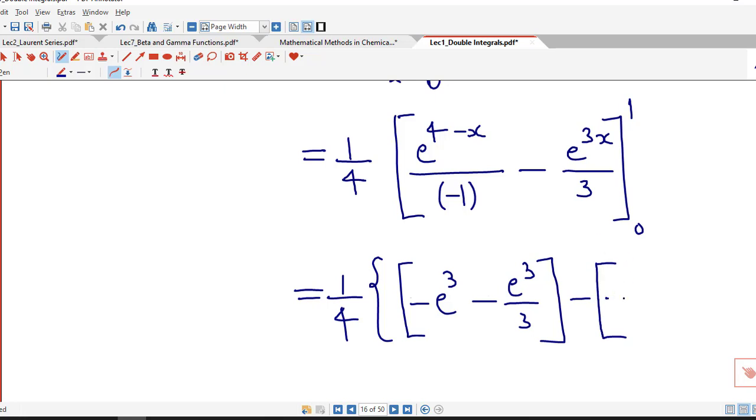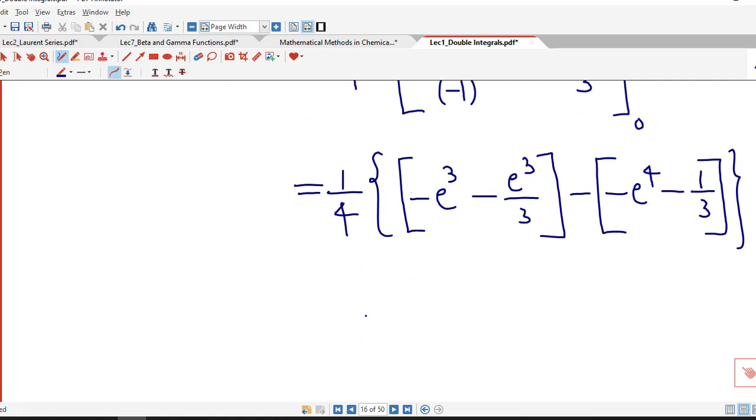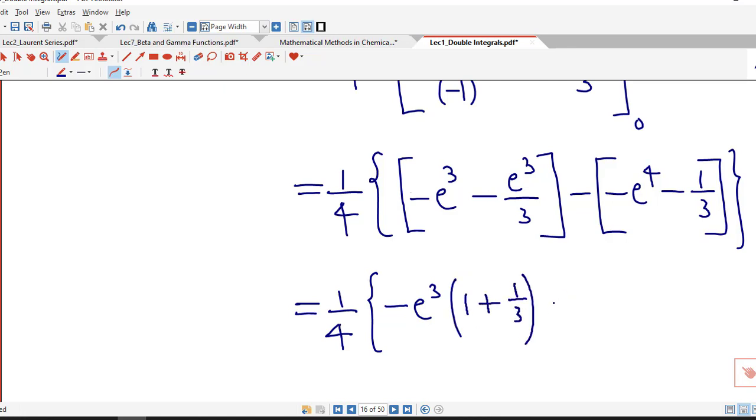For x equal to 0, this is minus 1, and e raised to 4 minus 0, that is e raised to 4, minus e raised to 0 divided by 3, that is 1 by 3. So this we can again rewrite as, if we take minus e raised to 3 common, here we will have 1 plus 1 by 3, plus e raised to 4 plus 1 by 3.